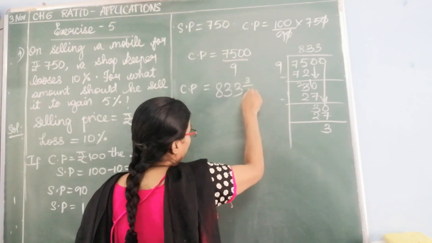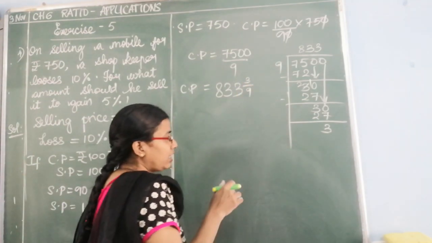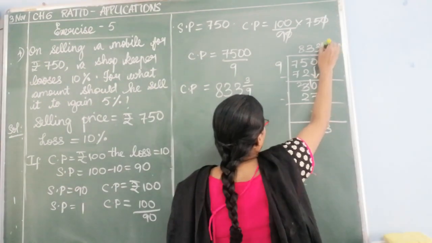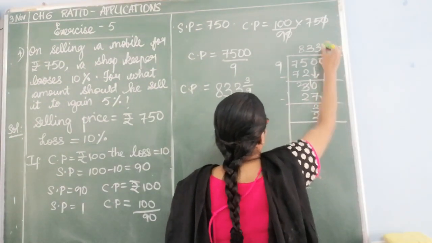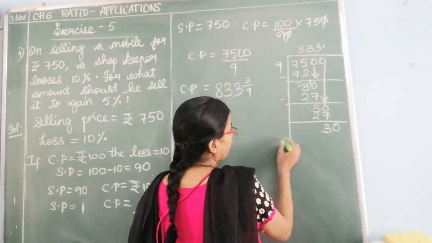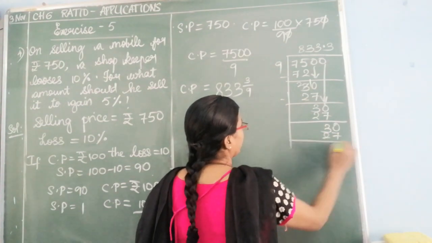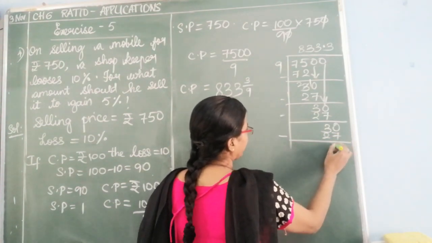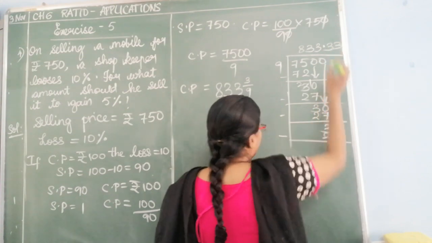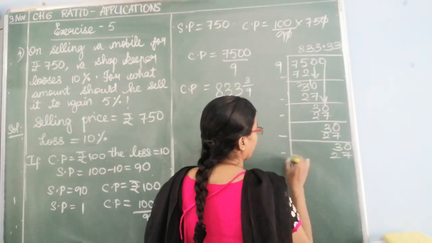833 3 by 9. 3 by 9 is nothing but 1 by 3. You can write or you can keep a point 0. Whenever I write a point I can add a 0. So 3 times is 27. Subtraction if I do, I get 3. Again I can take 3 times, 9 3s are 27.